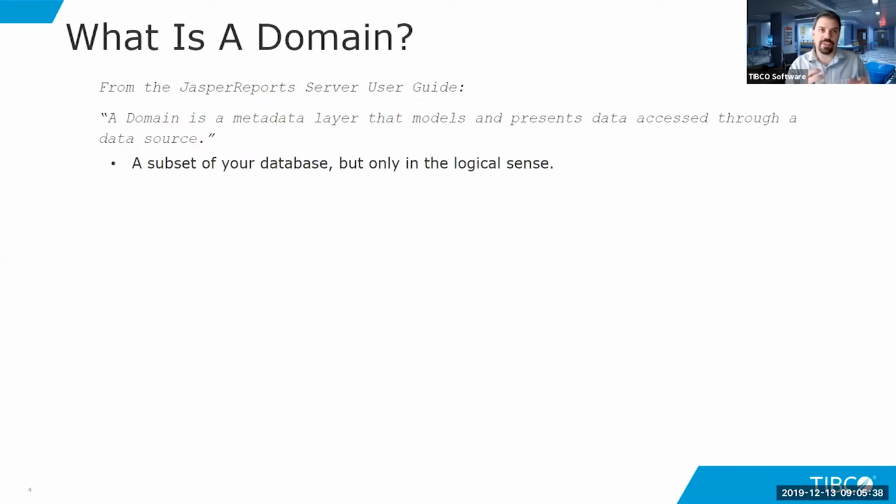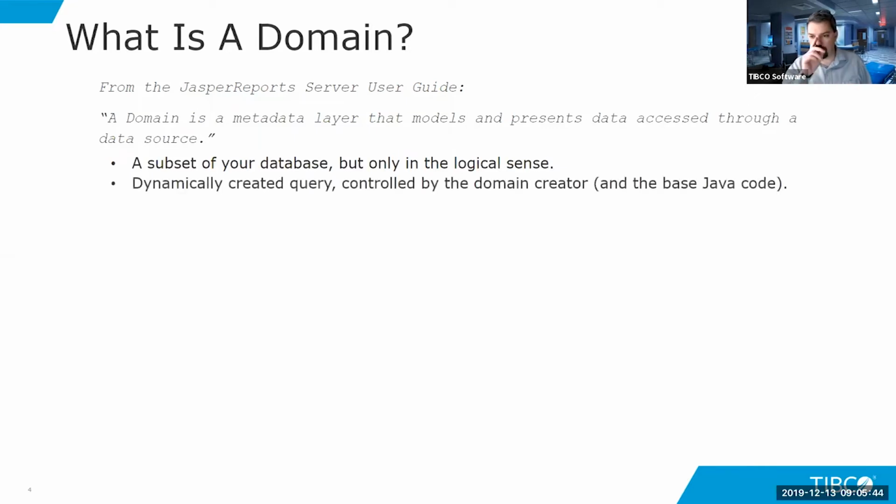It's just a way to think of sort of like a view that you can build using our UI in Jaspersoft. It dynamically creates the query for you, which is controlled by the domain creator, the person who's building the domain, and of course our base Java code that's behind the scenes.